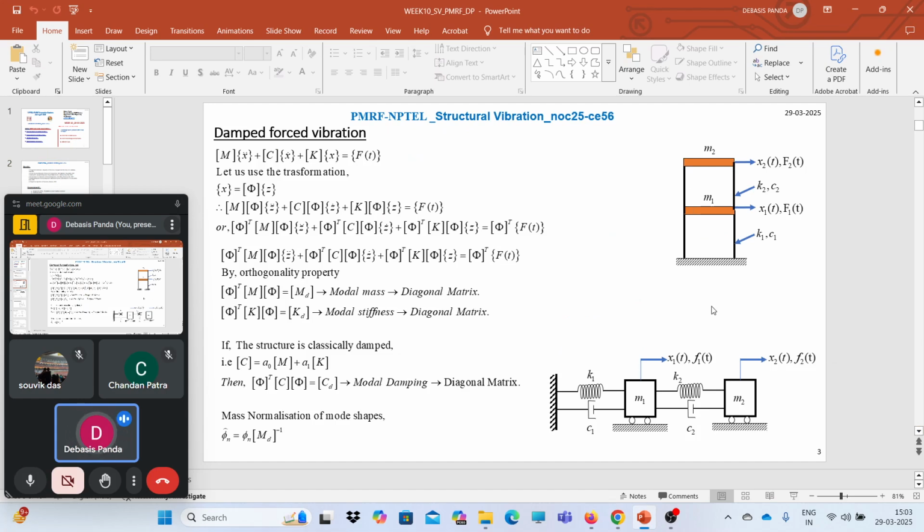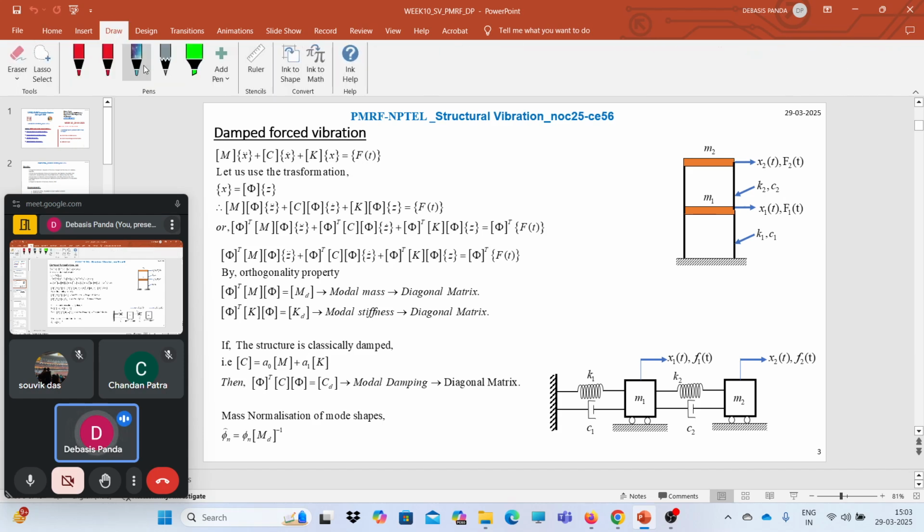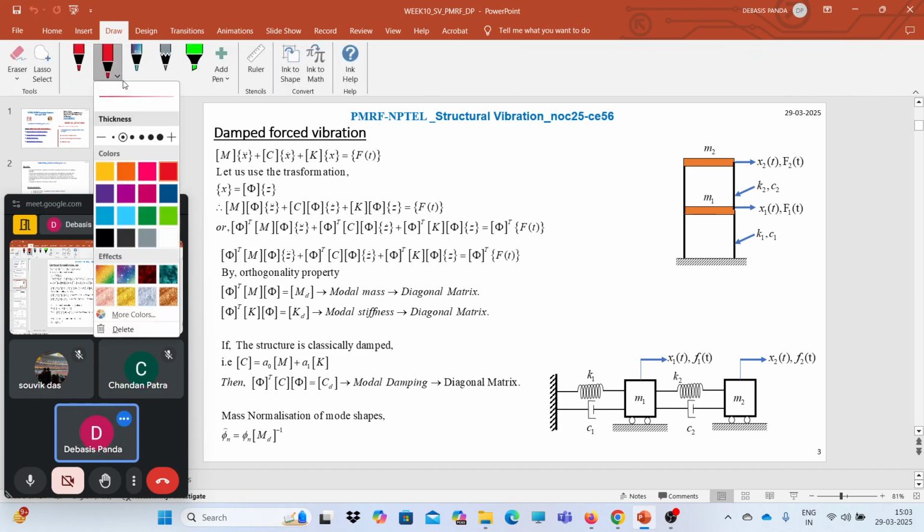During the last few weeks, particularly during the last two interaction sessions, we are dealing with the response analysis of multi-degree of freedom systems, right? First we developed the equation of motion, and then we solved the free vibration and also the forced vibration case.